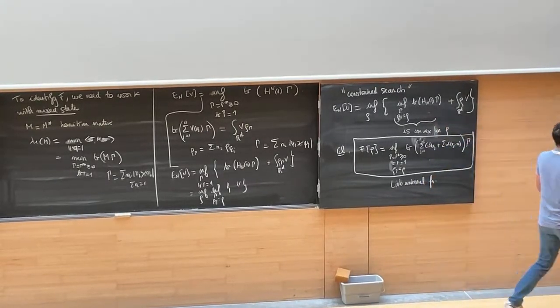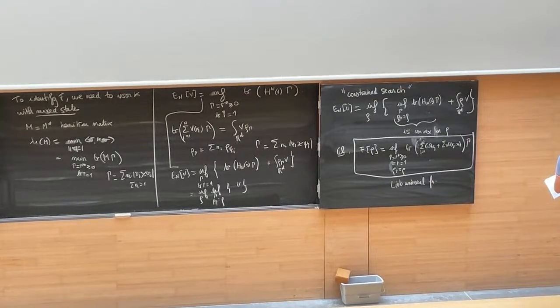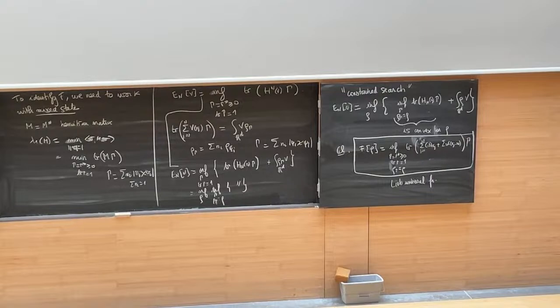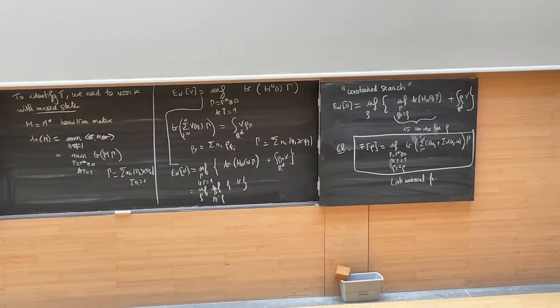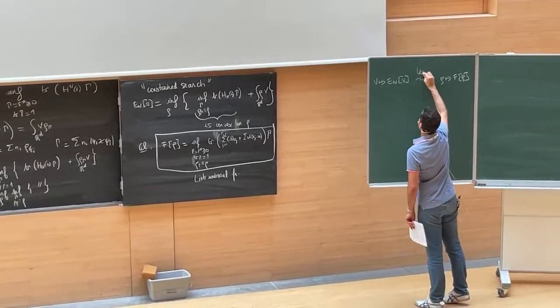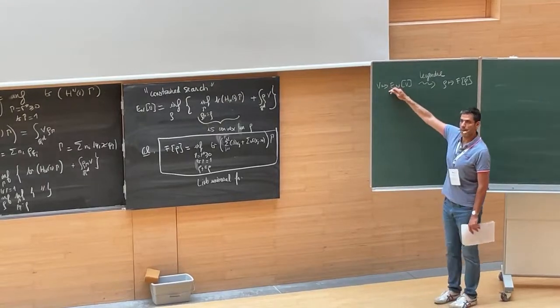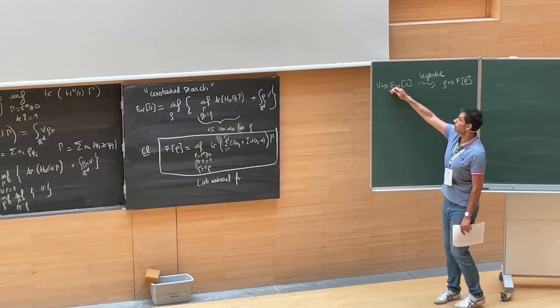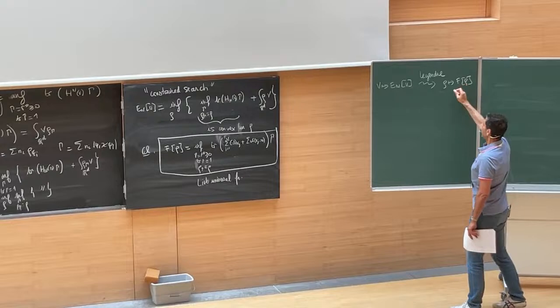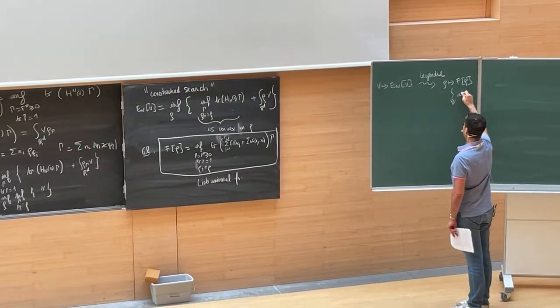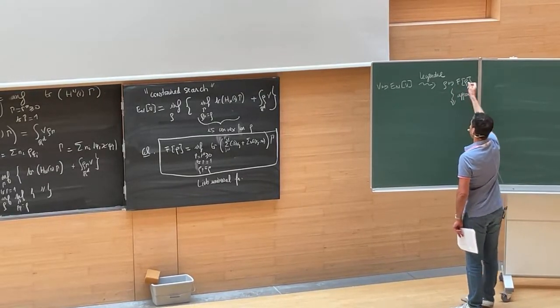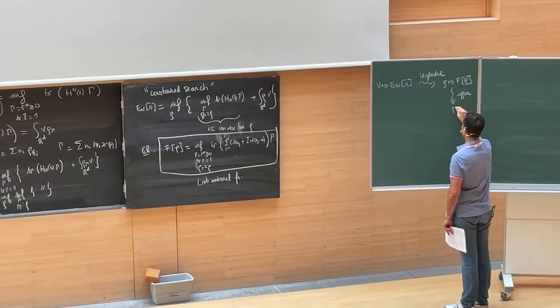So the idea is the following: you have here E_N of V, which you see as a function of V, then you go to the Legendre transform, so you get this function F, and instead of trying to approximate this, you first take the Legendre transform, then you do an approximation here, replace this by something else, by some f of rho.